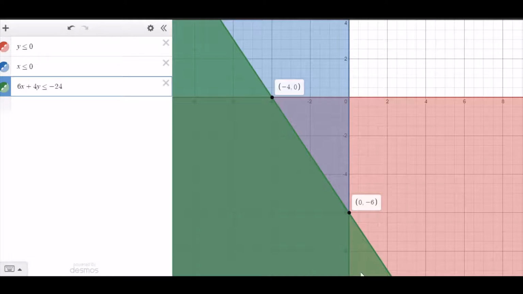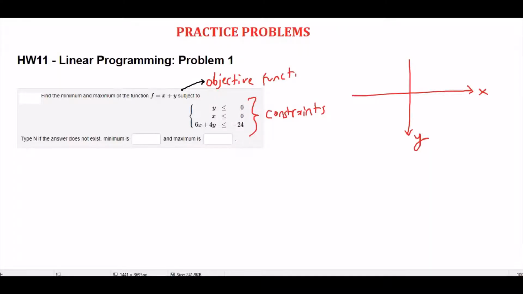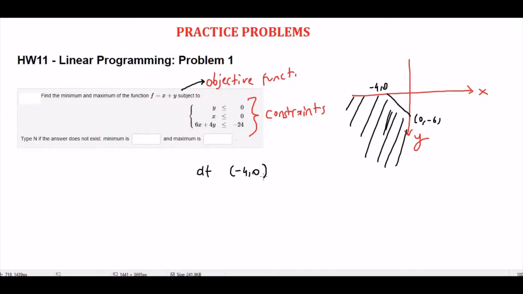So let's go ahead and graph it. So our region looks like negative 4, 0 and 0, negative 6, and all this region down here. Now at negative 4, 0, our objective function f is equal to x plus y.